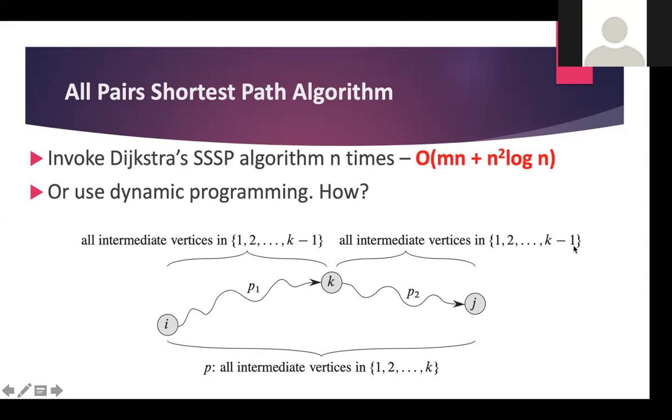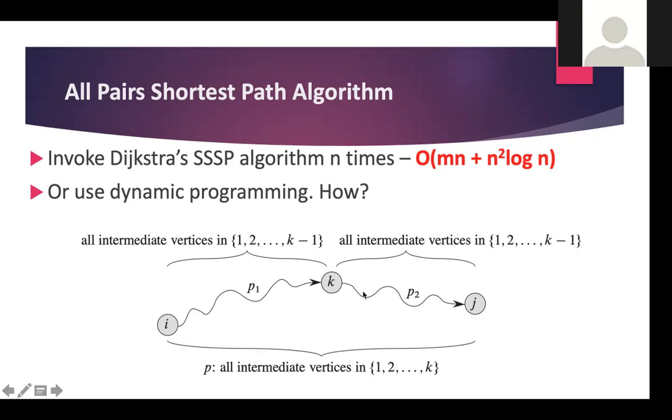So what we are saying is that the shortest path between any pair of vertices that use the intermediate vertices 1 through k can be broken down into at most two paths, where each of these paths only uses intermediate vertices in the range 1 through k minus 1. And because of this property, you can solve this in a nice iterative fashion, which turns out to be the basic idea behind dynamic programming.